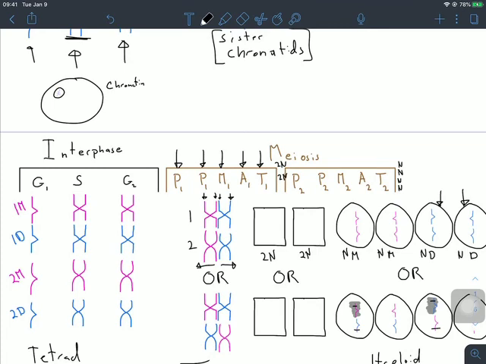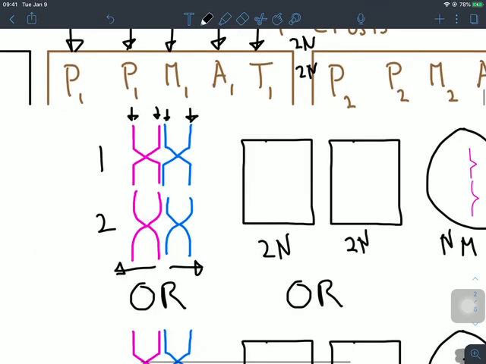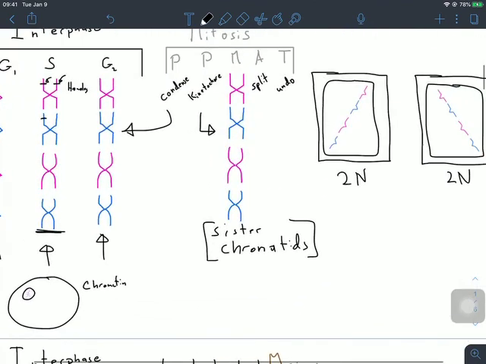And same goes for PPMAT round 2. Those steps are the same, with chromosomes condensing, nuclear envelopes disappearing, nucleoli disappearing, spindle fibers forming in prophase, kinetochores forming in prophase, prometaphase, metaphase, things lining up on the metaphase plate, but again, lining up differently than we saw.